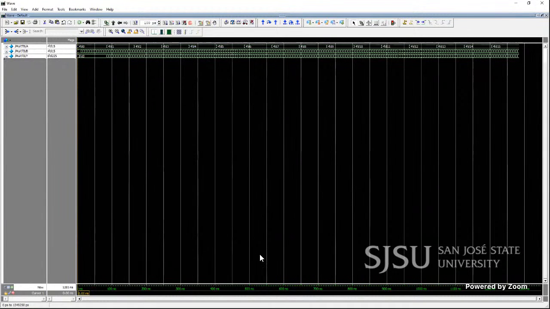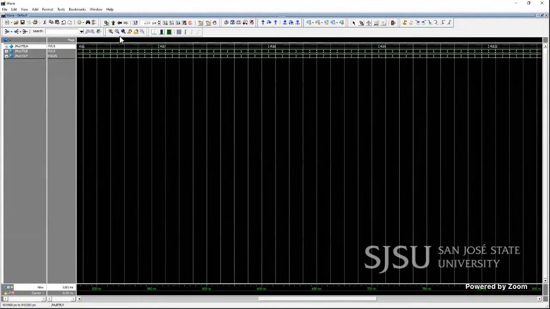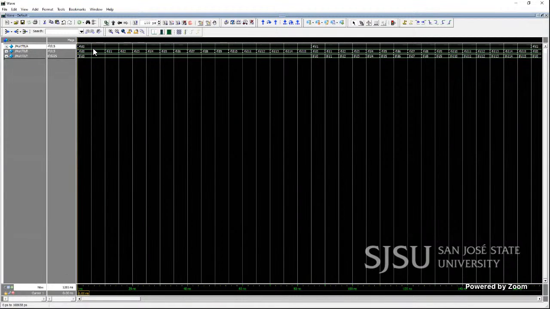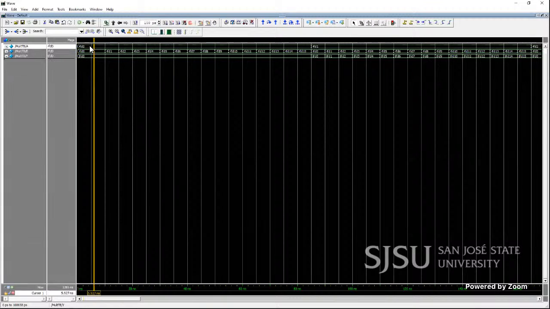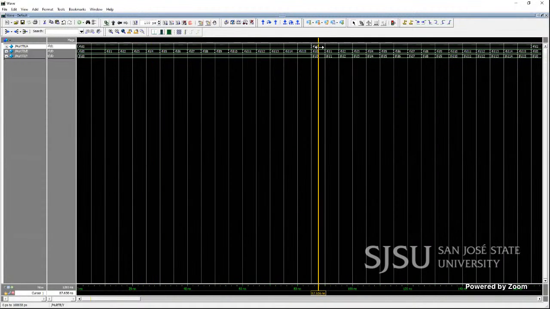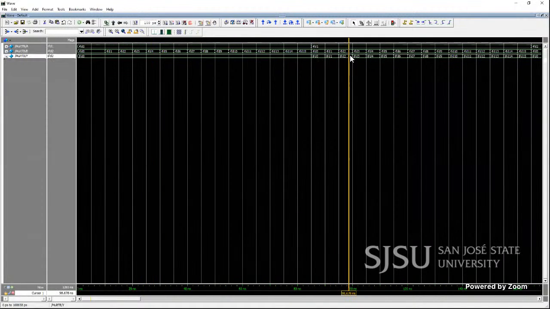maybe unsigned. Okay, so first A is looping through 0 to 15. And if we expand, yep, this guy is also looping through, for each value of A, B is looping through 0 to 15, and Y is simply the result of the multiplication. Initially we see 0 multiplied by anything is 0. 1 multiplied by anything is that number, so it is following.